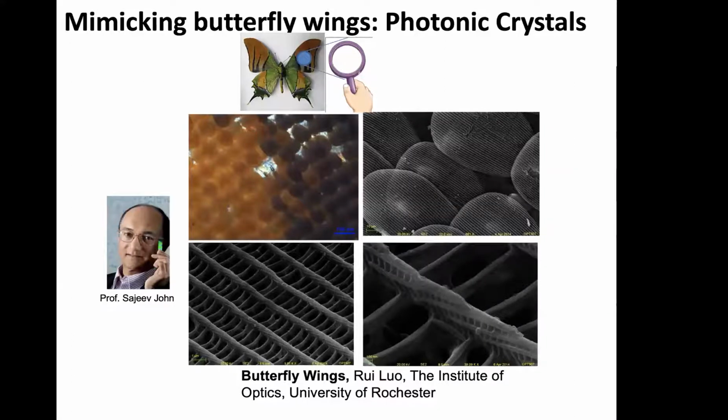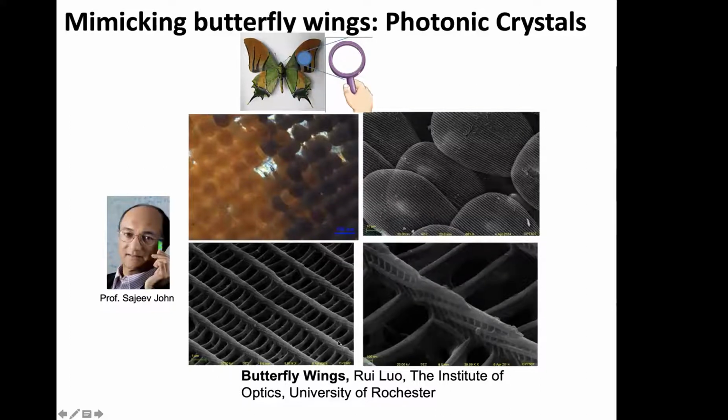If I look into one of these wings using a good optical microscope or an electron microscope, you can see very interesting structures, a kind of void pattern. The voids mean places where no material is there. You can see lots of voids in these structures.